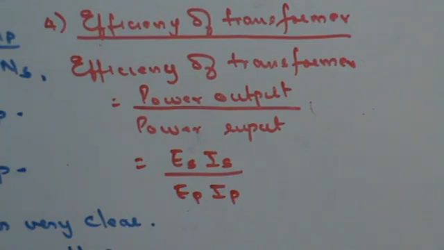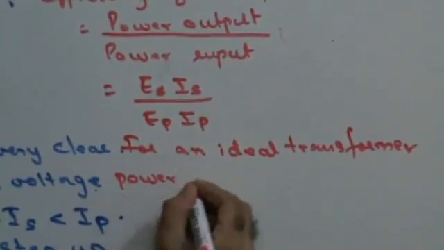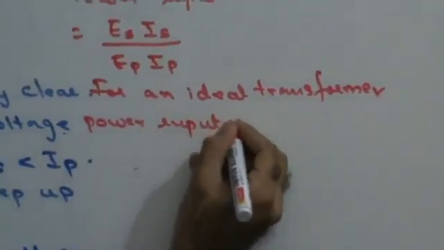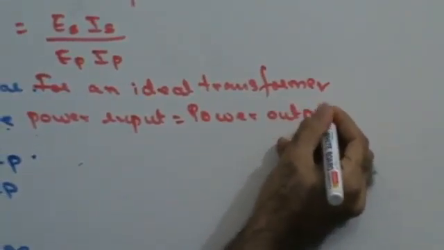Now for an ideal transformer, power input is equal to power output, therefore efficiency is going to be equal to 1.